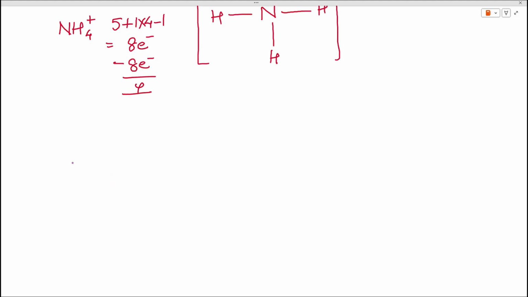Now let us try out the Lewis structure of a polyatomic ion which is negatively charged. So let us take a phosphate ion, which is PO4 with a 3 negative.